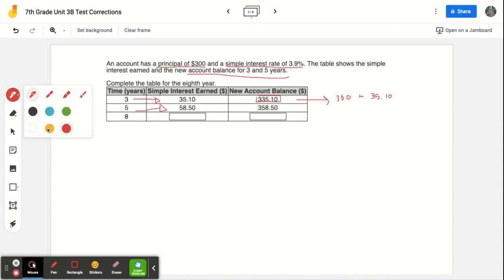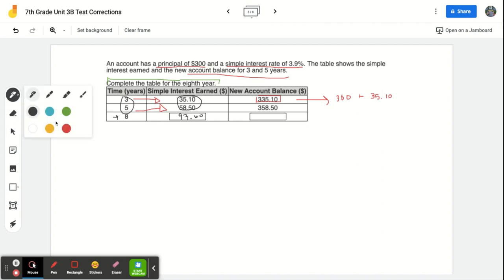The question that you're supposed to do is complete the table for the 8th year. So really what you could have done, and what I noticed, is that these two numbers right here, 3 and 5, create the 8. So if I add how much money you would get in 3 years and how much money you would get in 5 years, so $35.10 plus the $58.50, you can see, okay, we're going to earn $93.60 in 8 years.